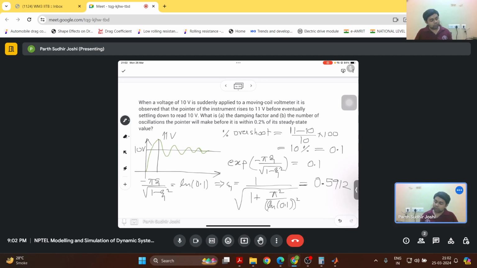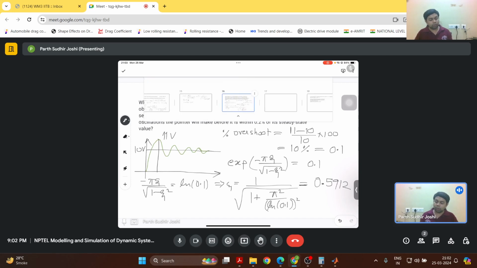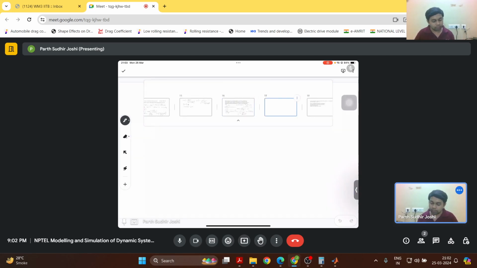Now to find out the number of oscillations that the pointer will make before it is within 0.2% of its steady state value, we need to know the settling time.